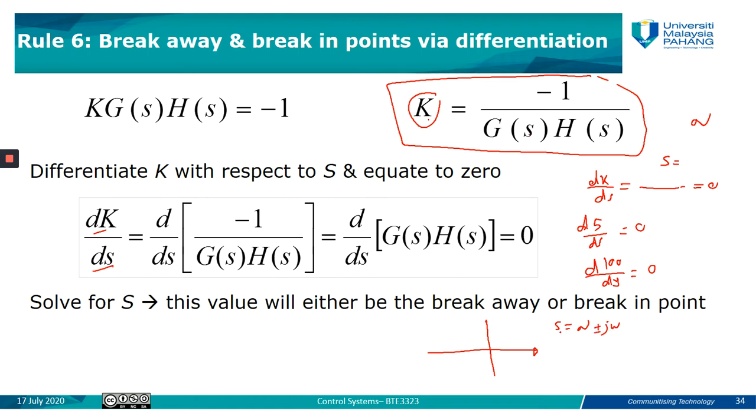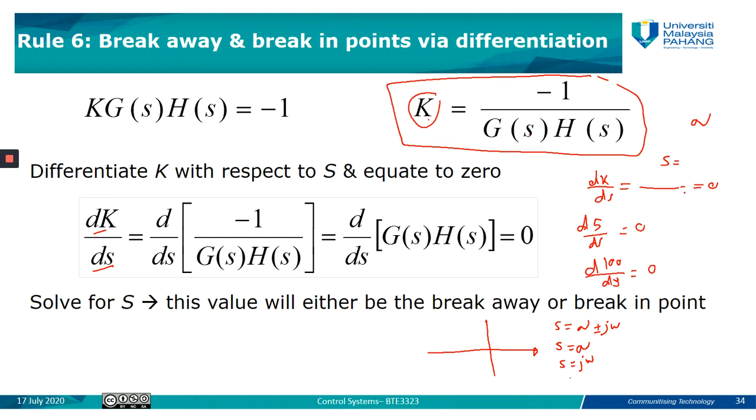So we have three cases for s. Either s is a real number, so in this case s equals sigma and omega equals 0, or s is a pure imaginary number, so s equals j omega, or s is a complex number, which is s equals sigma plus or minus j omega. So these are the three cases for s.